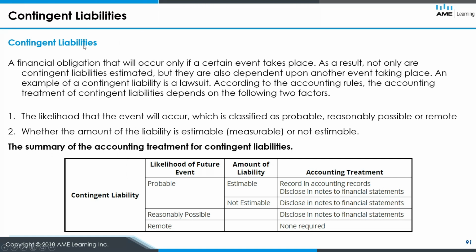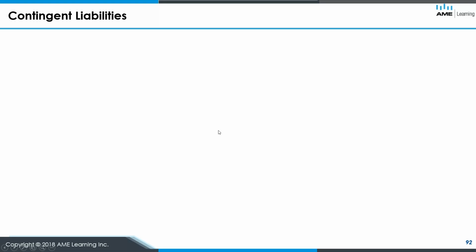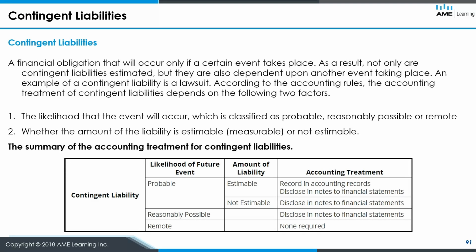Okay, contingent liabilities are a little bit different from some of these estimated liabilities. They're similar, but the word contingent really refers to the fact that some other event has to take place to make that liability come to fruition, essentially. And when we estimate, that can be something like a lawsuit, for example.